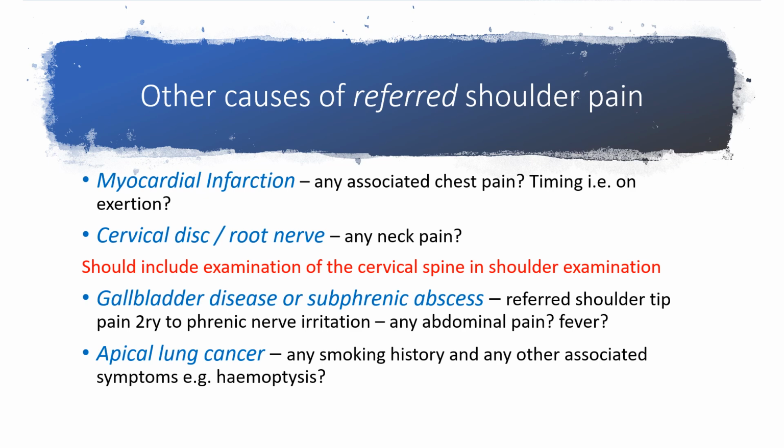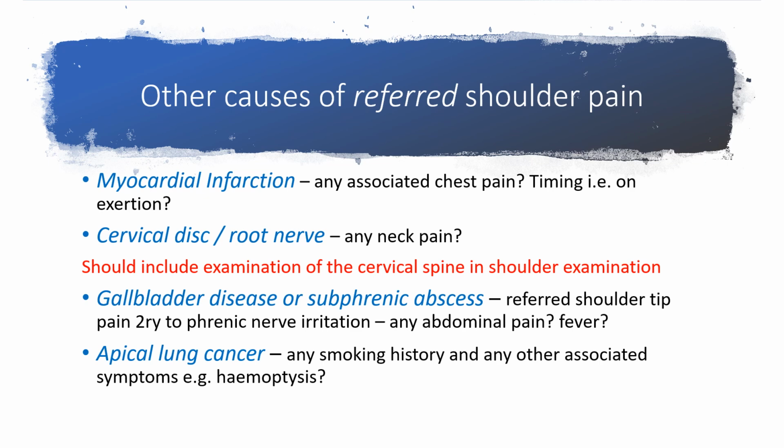And so I tend to tell all medical students and doctors that the shoulder examination should also include a cervical spine examination. Just quickly check over the cervical spinal processes, check neck movements. Could it be related to the neck at all?